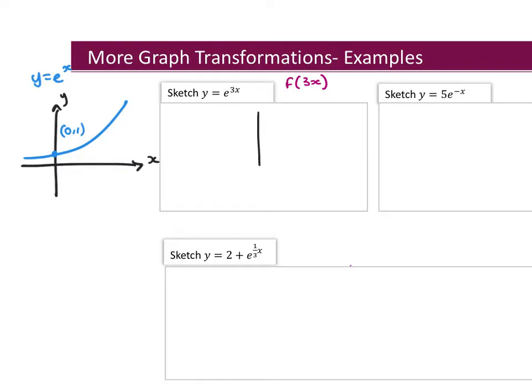If we divide all of our x coordinates by 3, when we now sketch this graph, it's not going to affect this value here, 0, 1, because if we divide 0 by 3, we still get 0. So we know it's going to cross there. But let's say this value is 2.